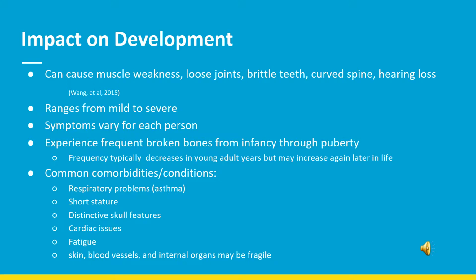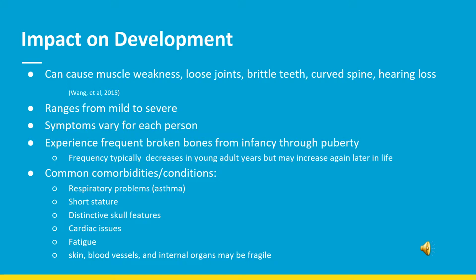I'm going to talk about the impact on development. So osteogenesis imperfecta can cause muscle weakness, loose joints, brittle teeth, as I discussed previously, a curved spine, and even hearing loss. There are 6 different types of it. They range from mild to severe, and symptoms can vary for each person.